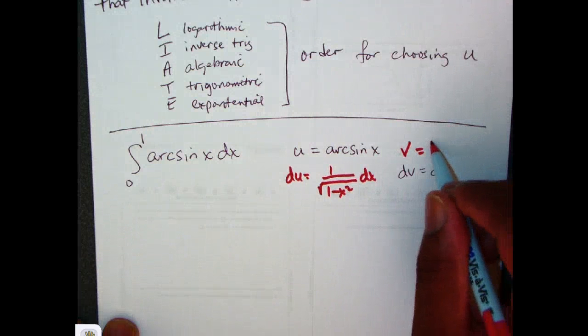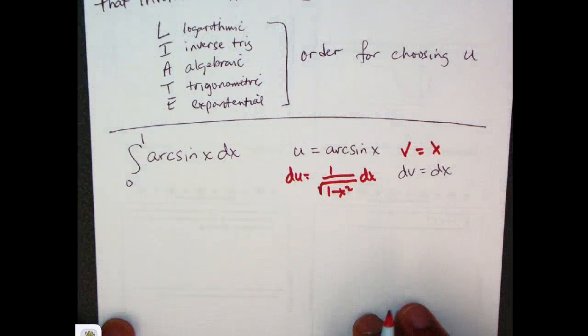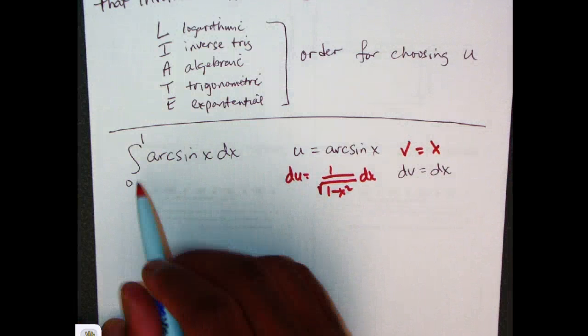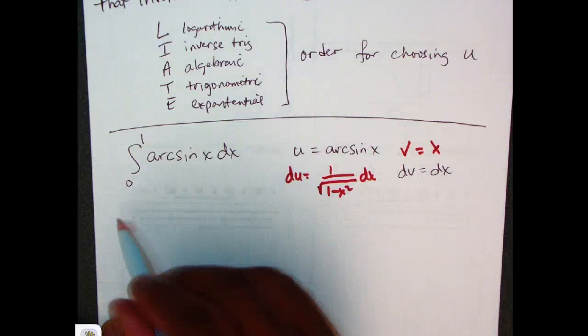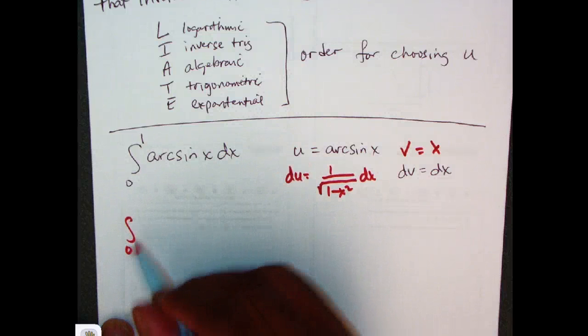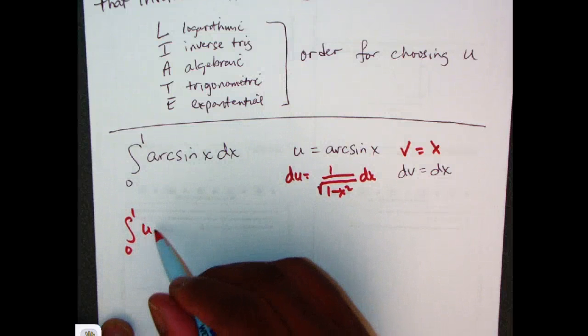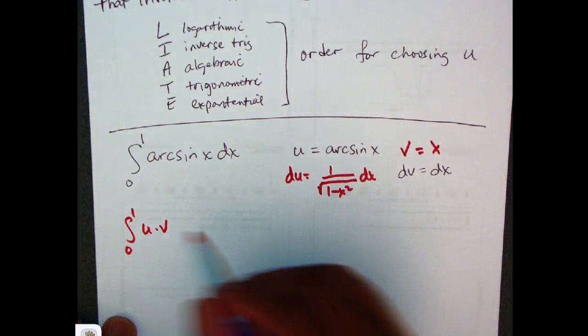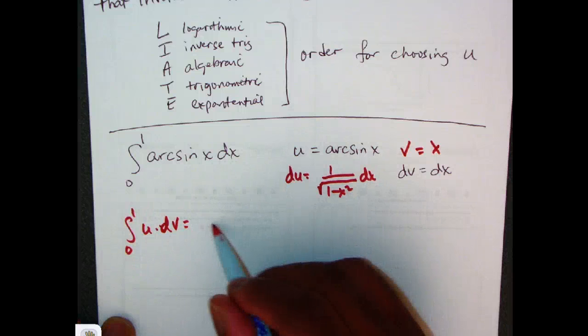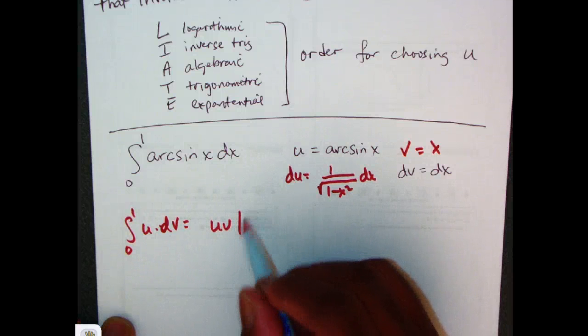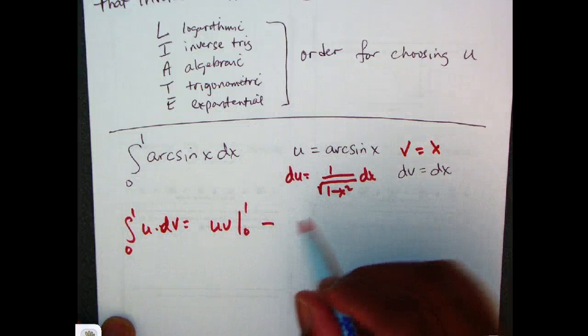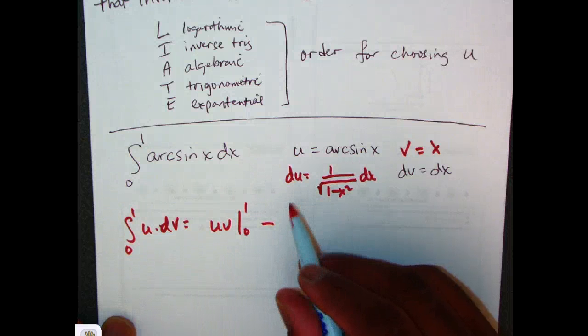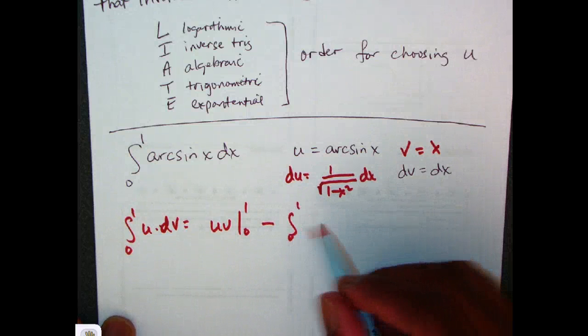So v is equal to x. Okay. So the integral from 0 to 1 of u dv is equal to uv, evaluated at 1 and 0, minus the integral from 0 to 1 of v du.